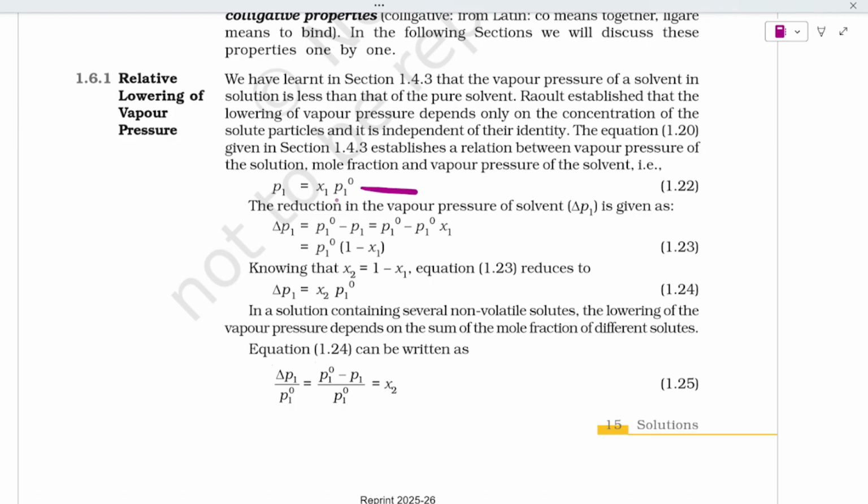P1 is equal to X1 P1 naught, and the reduction will be delta P1, which is P1 naught minus P1. We can substitute P1 here, and if you take P1 naught common, it will be 1 minus X1.